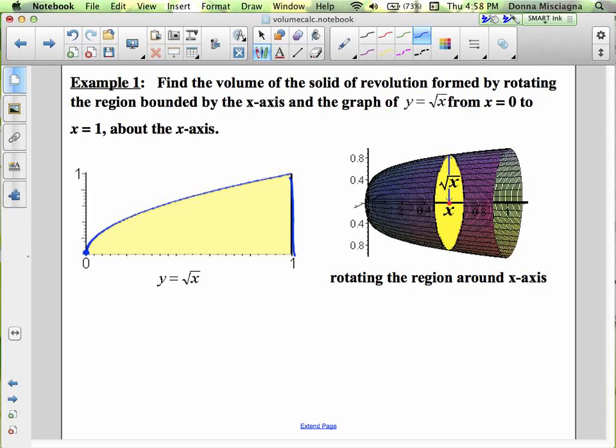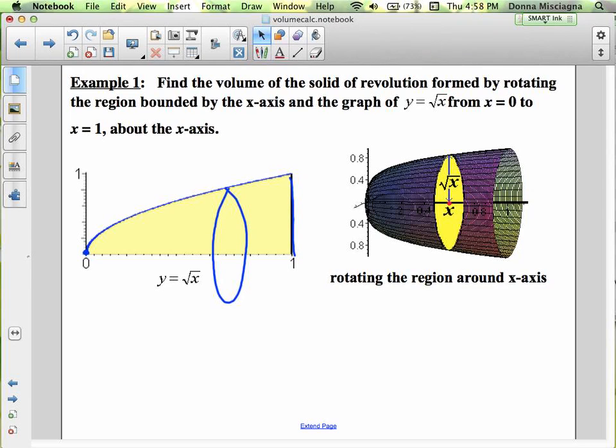Now we know what our heights are. I like to draw a little circle in, even if it's not a great circle, just to represent our cross section. The radius is from the x-axis to the height of the function, so our radius is the square root of x.